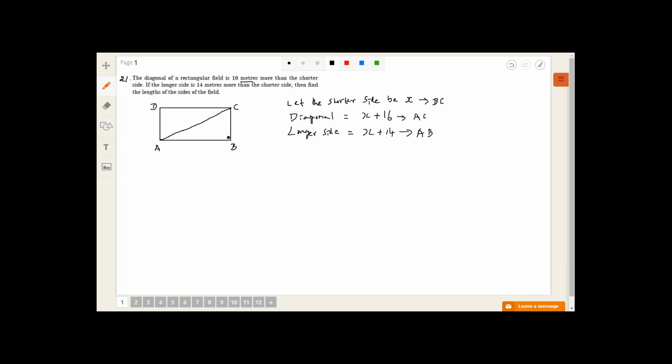Now in a rectangle, all the angles are 90 degrees. So consider this as a right angled triangle ABC. So in right triangle ABC, we have AB square plus BC square is equal to AC square.